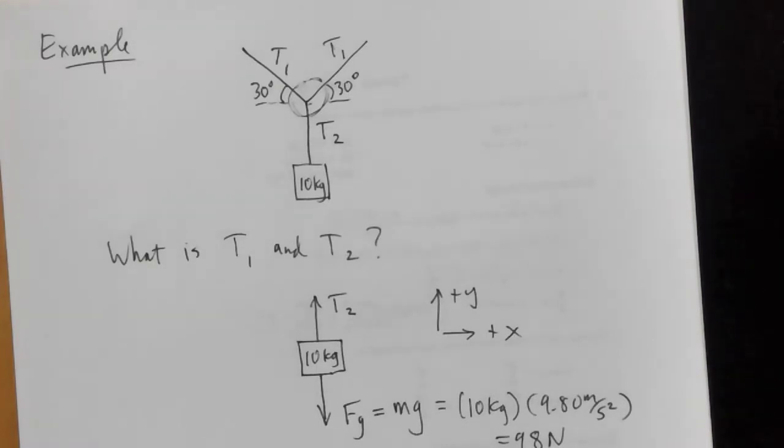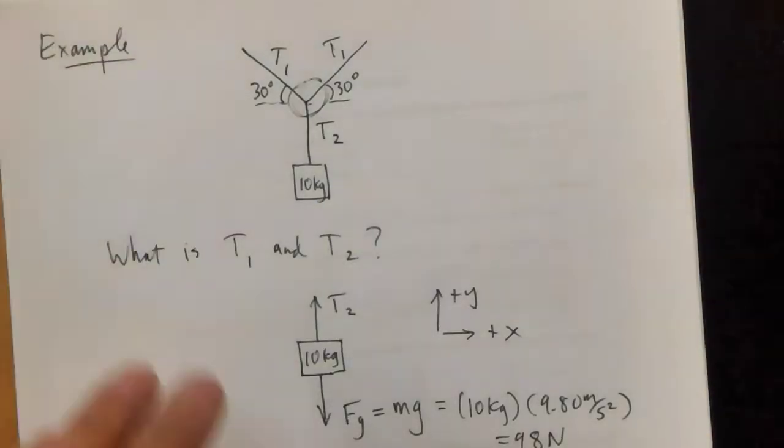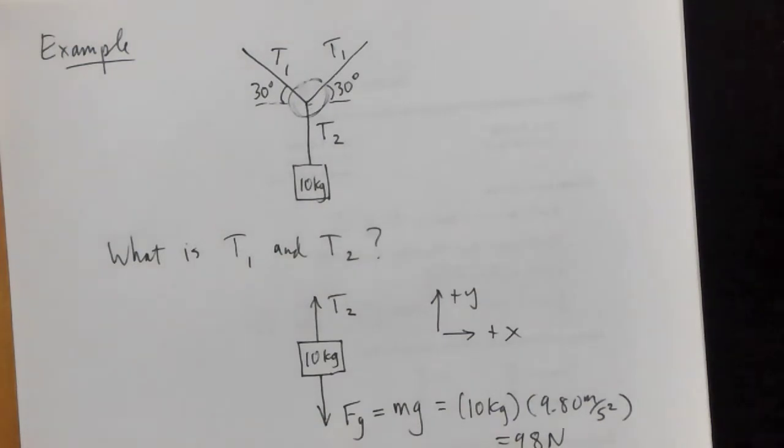Otherwise, you would have to say the mass per length is a certain value, but we're not doing that in this course. That's much more complicated. Okay, so we have these massless strings, and so we have here this intersection. So think of this as a little dot with essentially 0 mass.